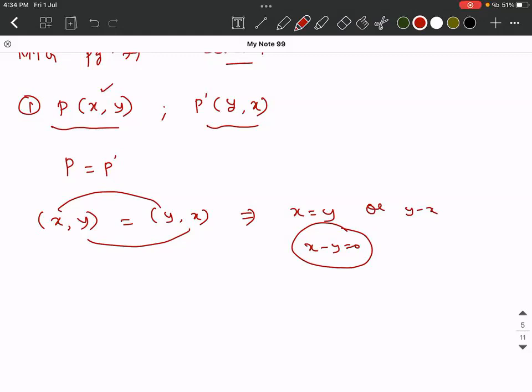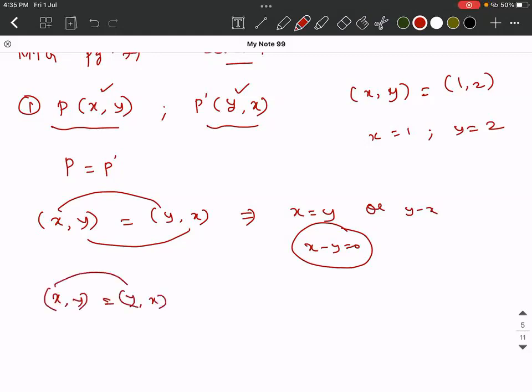This is also an ordered pair. If these two ordered pairs are the same, for example, if I give you x comma y is equal to 1 comma 2, then what is the value of x? X is 1 and y is 2. Is that right? So if x comma y is equal to y comma x, then what is x equal to?